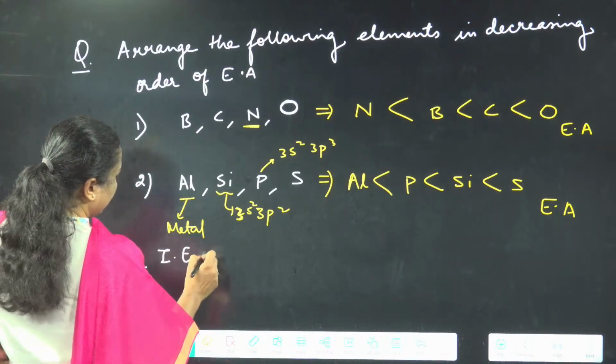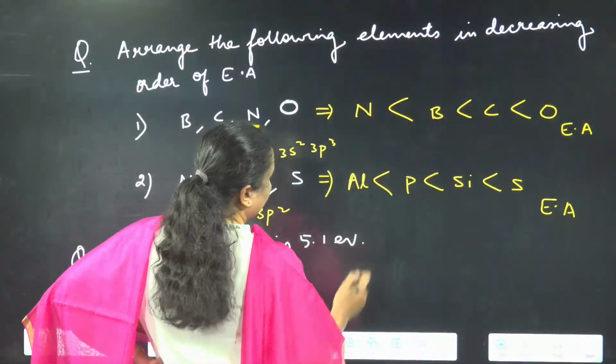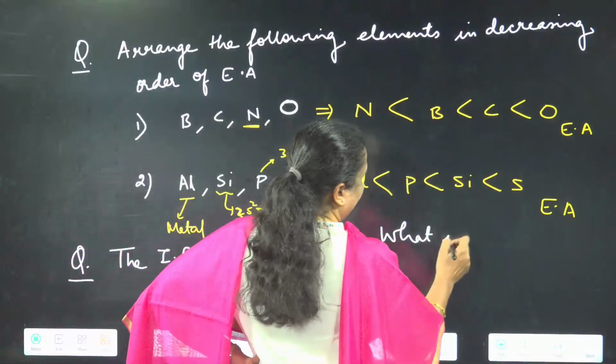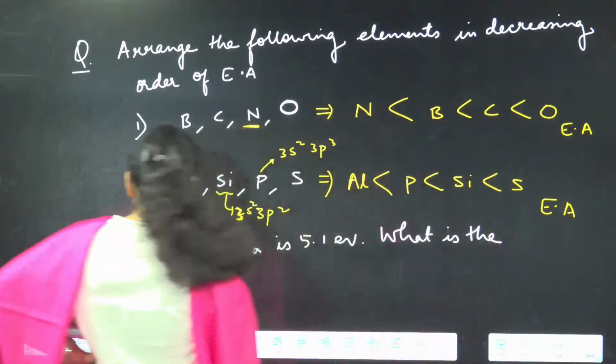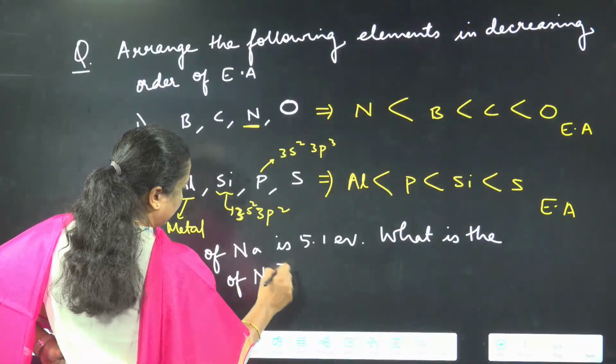Then one more question I am giving you. The ionization energy of sodium is 5.1 electron volt. What is the electron gain enthalpy of Na plus?